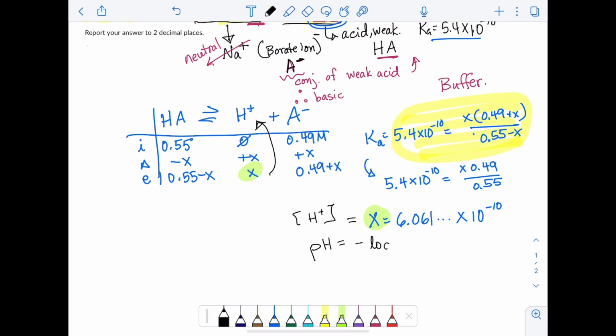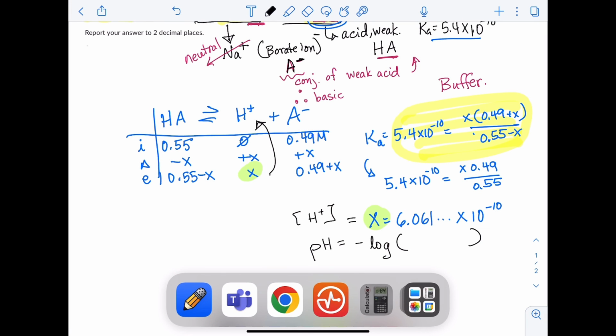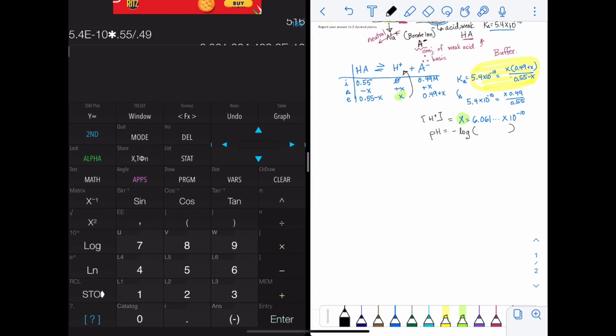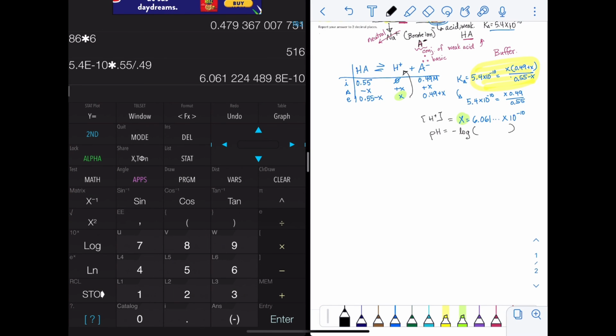pH is the negative log of that value. And so let me pull my calculator back up, if I can remember how. There we go. And I want to take the negative log. I've got that answer there on my calculator. Let me take the negative log of that answer. How do I bring that answer back? I know there's a way.